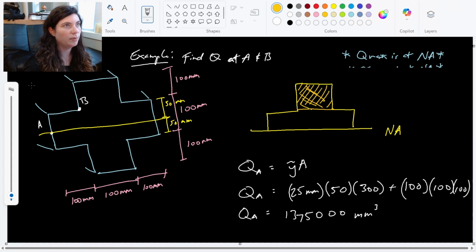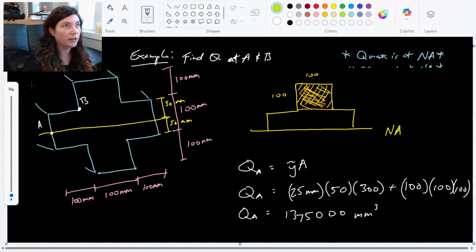This 100 by 100 portion top of the cross. Right, 100 by 100. But why did I draw in the stuff below it to the neutral axis? When I want this y tilde times A, that y tilde is the distance to the neutral axis.